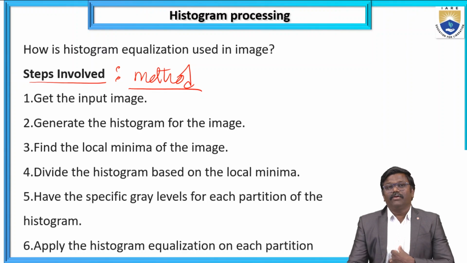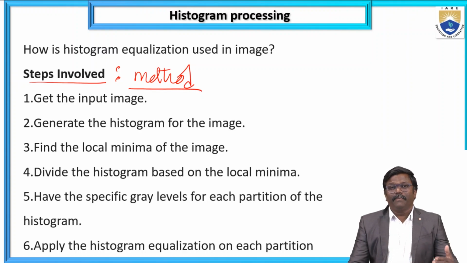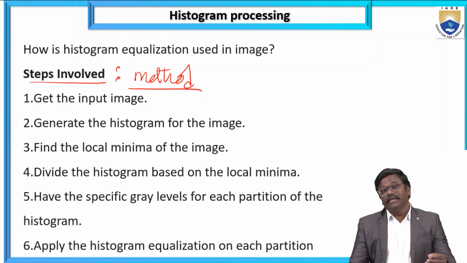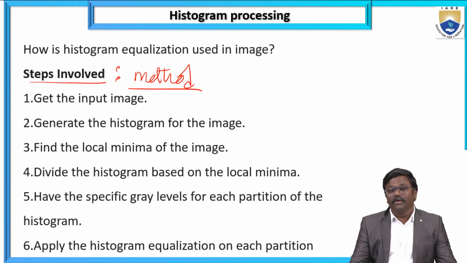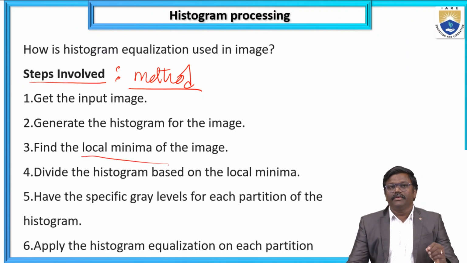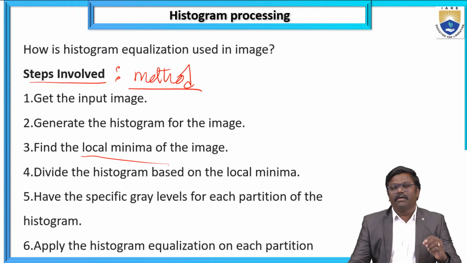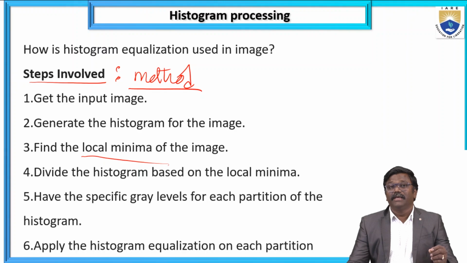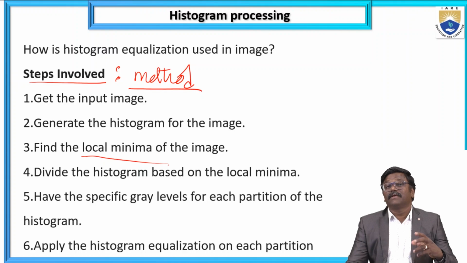Step number 3: we find the characteristics of the image in terms of histogram equalization, which is the local minima of the same image. This local minima or global minima will help us find the intensity variations in the characteristics, which we can see as physical visibility.